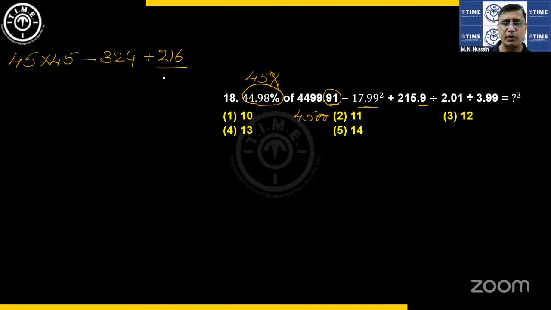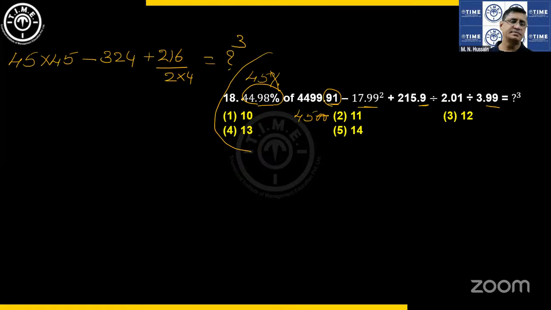Divided by 2.01, that is approximately 2. Divided by 3.99. 3.99 means approximately 4. So divided by means into 4 is equal to question mark cube.